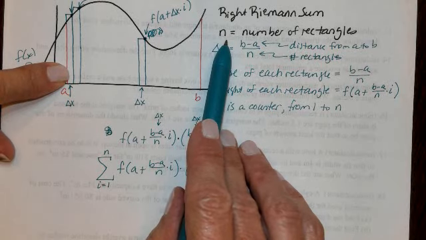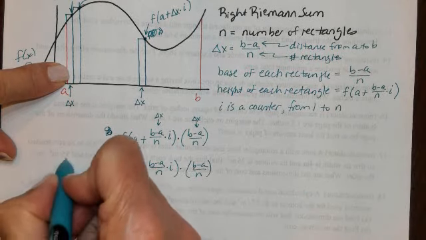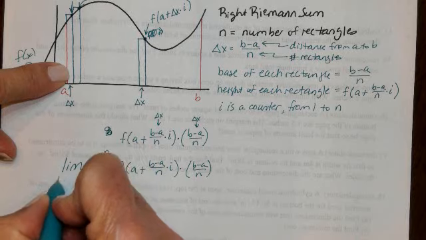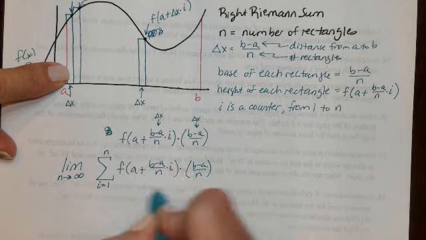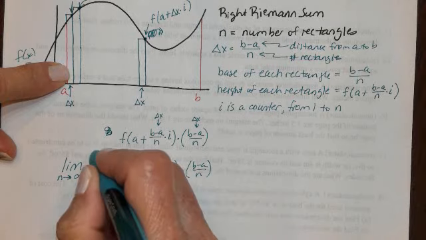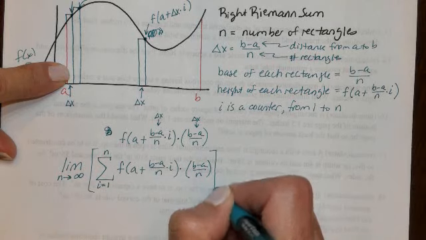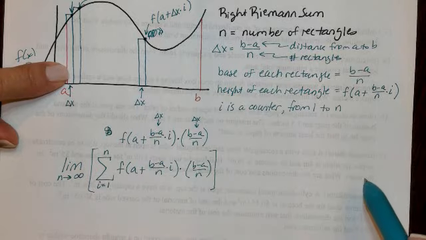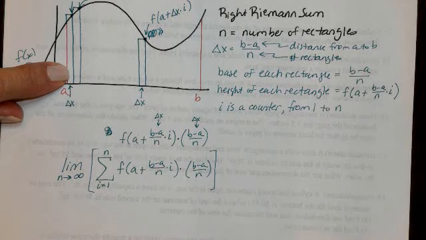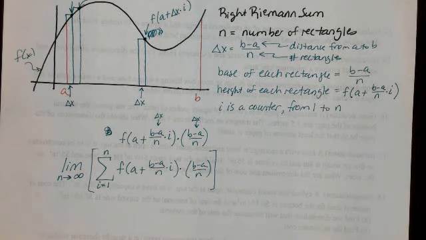Sounds like a limit to me. If we take the limit as n goes to infinity of that sum, we are no longer approximating that area. We have the area under that curve. Okay?